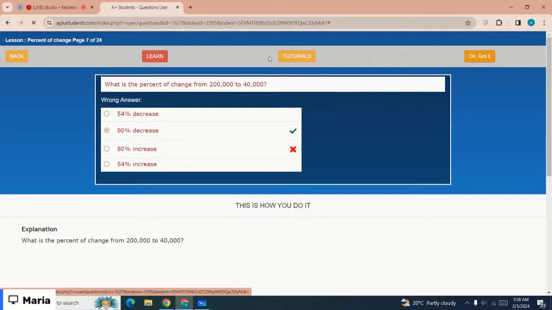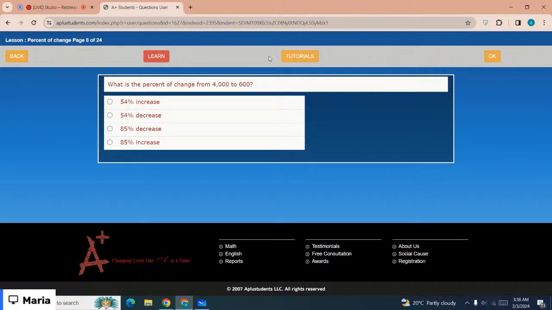Okay, the next one is, what is the percent of change from 4,000 to 600? So, which is the correct option?